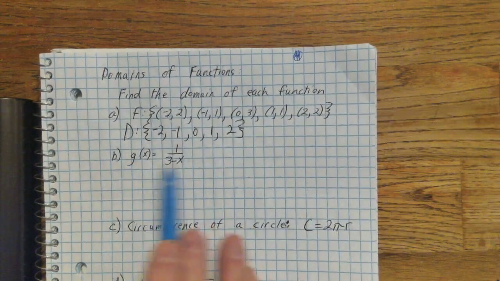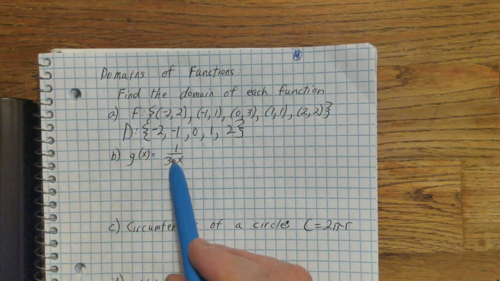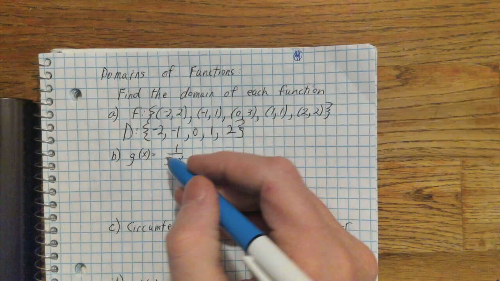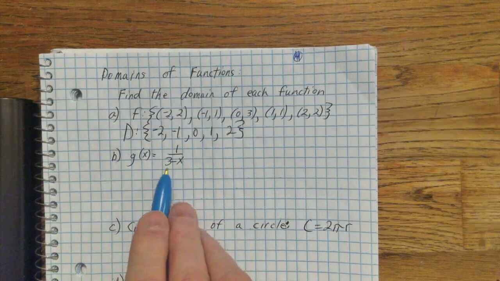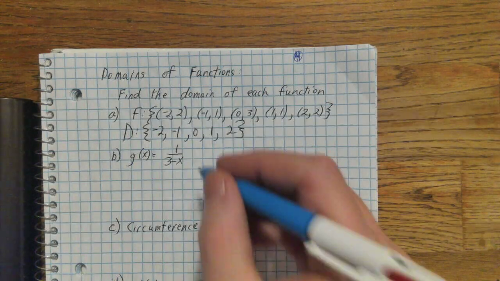This one, it's in the equation form of a function. And we just really have to determine what values we can put in for x. And there's one problem. If we divide by 0, then the function would be undefined. So we want to avoid the value that would make that 0.